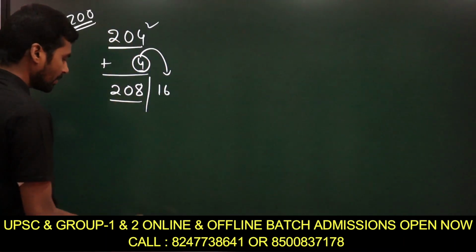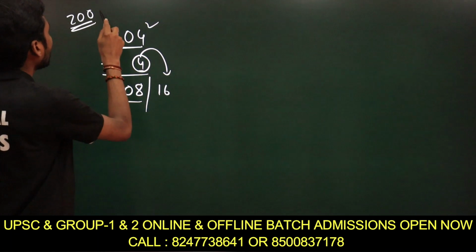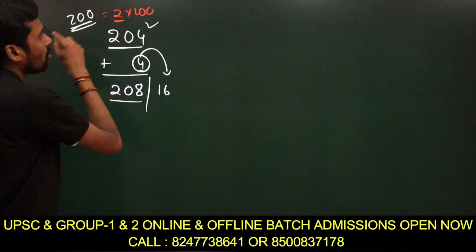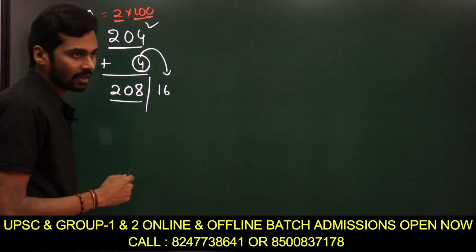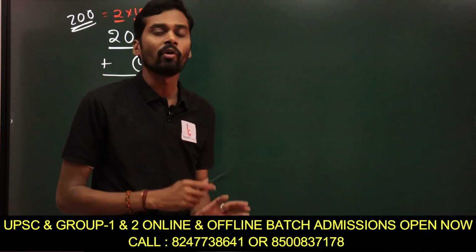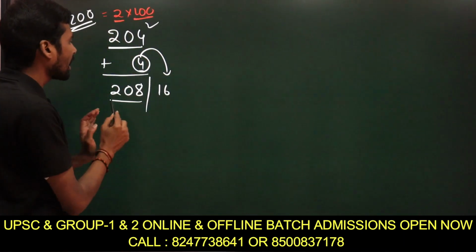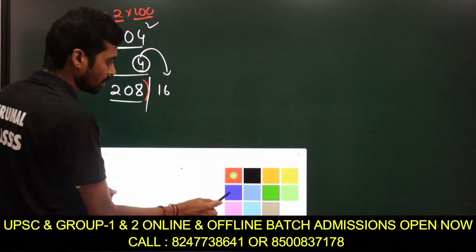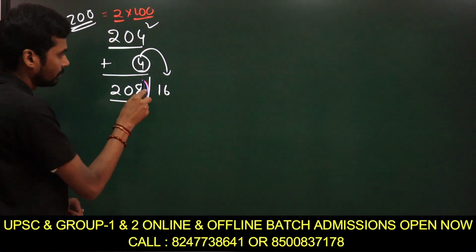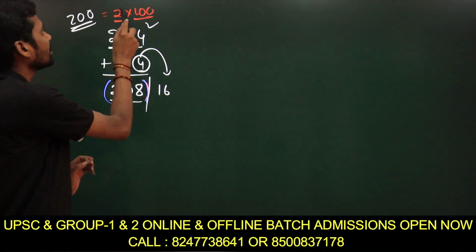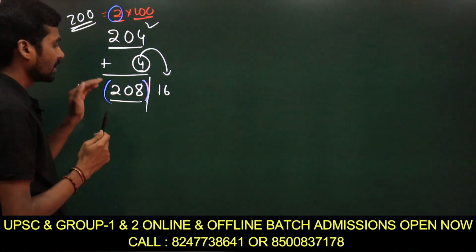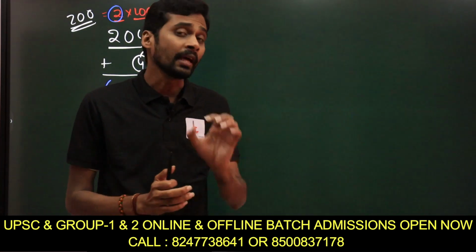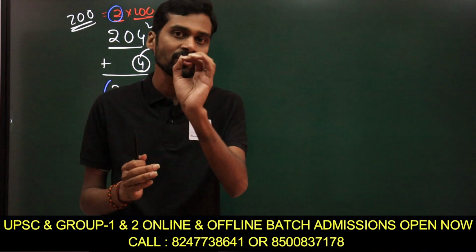200 is actually written as 2 into 100, which means 2 is called the sub base value and 100 is called the base value. This is not important for you. What you have to do is, after doing like this, multiply the left side part with the sub base value. If you take numbers which are near 200, then you have to multiply the left side part with 2.